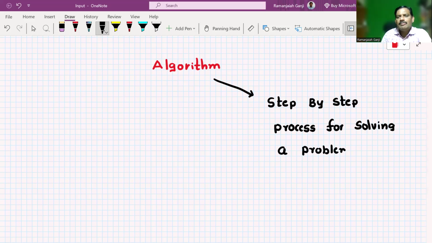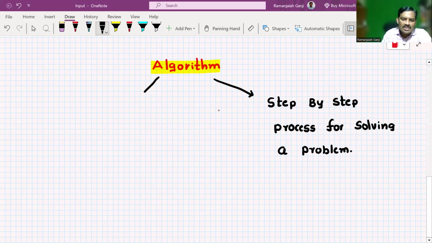A step-by-step process for solving a problem is said to be an algorithm. If you want to solve any problem, that problem may not be solved directly. What we require is a step-by-step process.